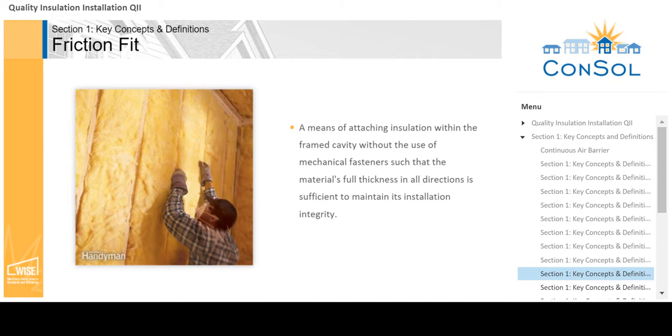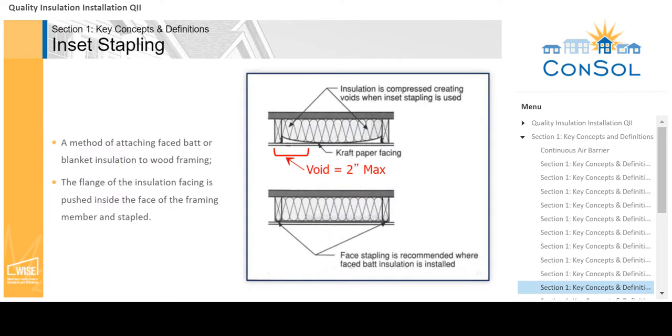Insulation should be sized 1 inch larger than the cavity it will be installed in to prevent excessive compression. Inset stapling of faced batt or blanket insulation is allowed as long as the void created is not greater than 2 inches from the stud to the contact point with the air barrier. Face stapling is the preferred method and should be used if possible.